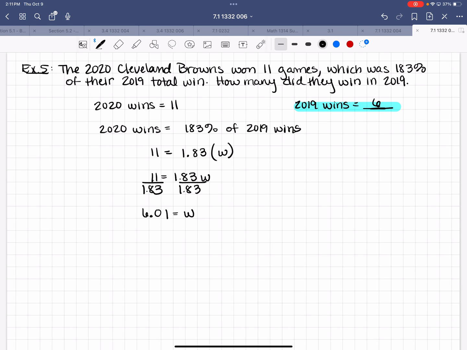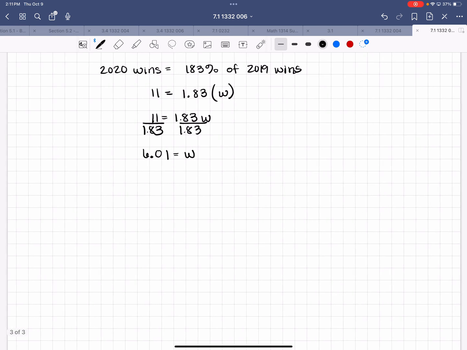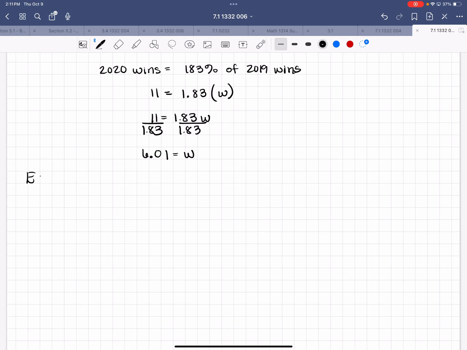Oh, you'll like this one better. A sales clerk, she's working on commission. A sales clerk receives a 9% commission on all sales.